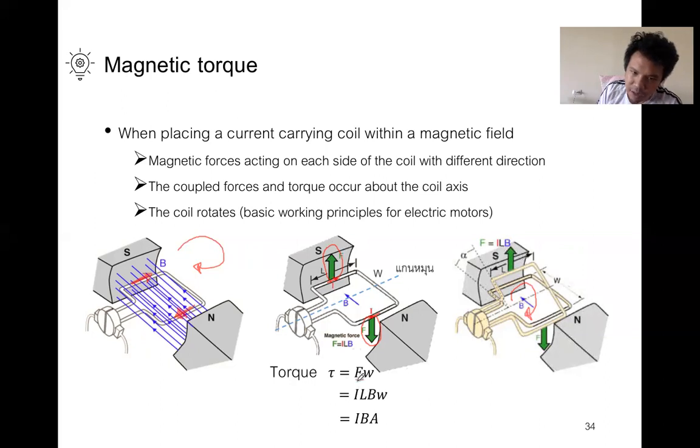Using the magnetic force F times the width of the coil, that will give you the magnetic torque of IBA.